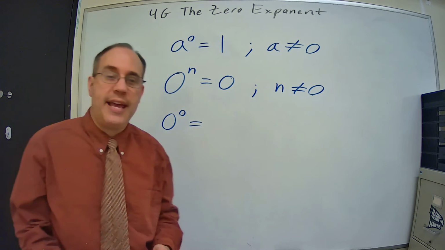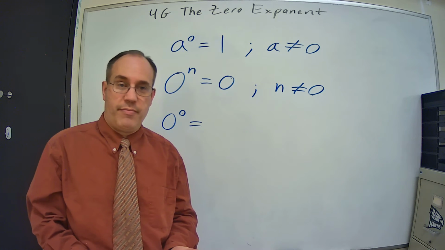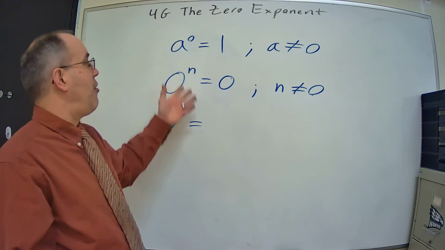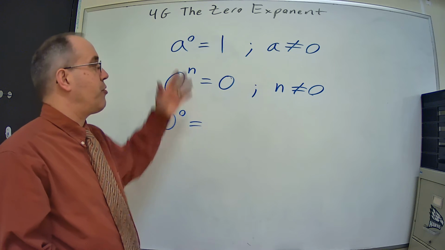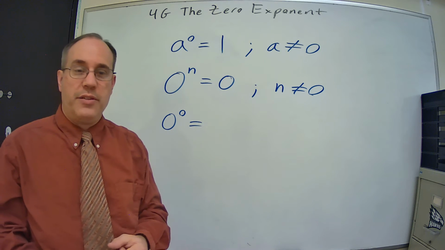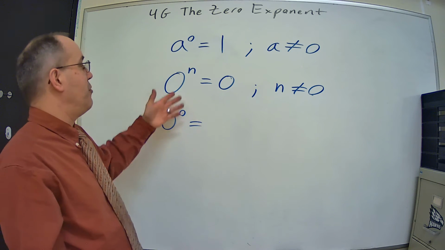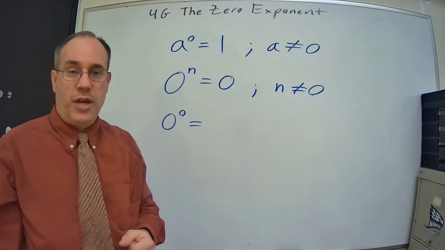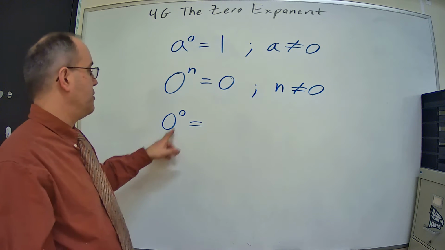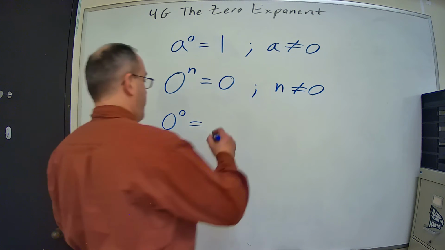And here we see a contradiction. It would be both 1 and 0 at the same time. Therefore, 0 to the 0th power is undefined.